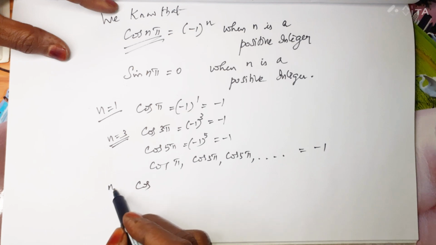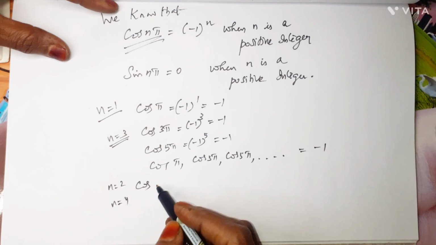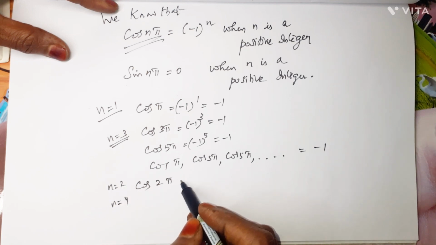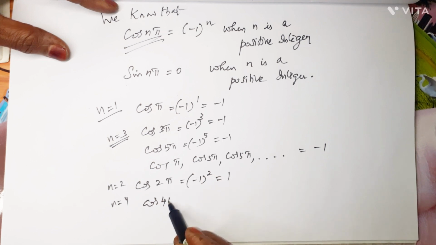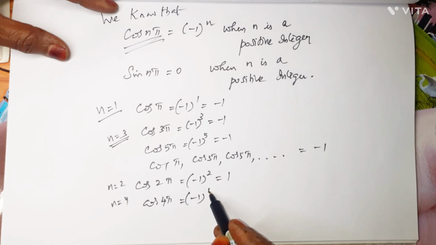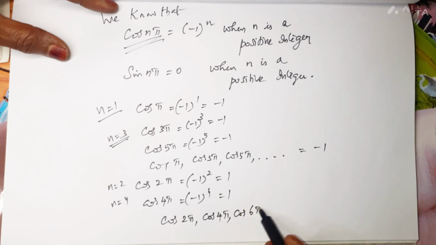If I take n as 2, cos 2 pi is minus 1 power 2, which is 1. Cos 4 pi means minus 1 power 4, it is 1. So cos 2 pi, cos 4 pi, cos 6 pi, we can even include cos 0, everything is plus 1.